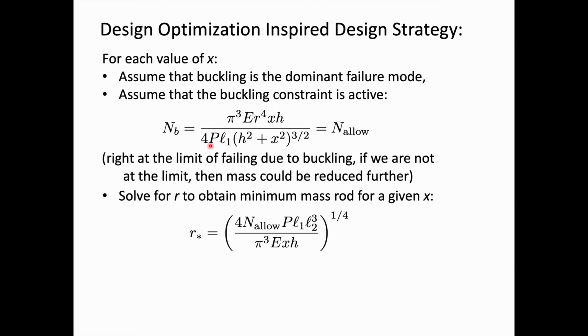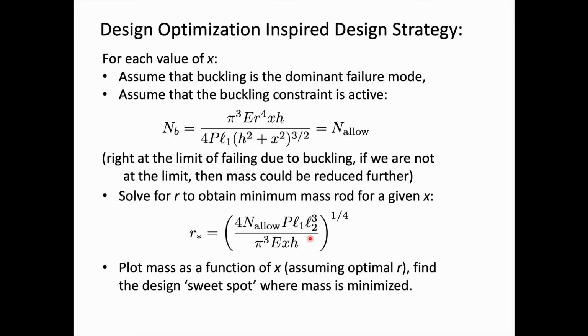Here, if we assume this equality relationship, it allows us to solve for r. And if we solve for r, this will give us the minimum mass rod for a given value of x. We can see the x shows up right here, and it also is an input in calculating what L2 is. We can plot mass as a function of x, assuming this optimal r relationship, and find the design sweet spot where mass is minimized.